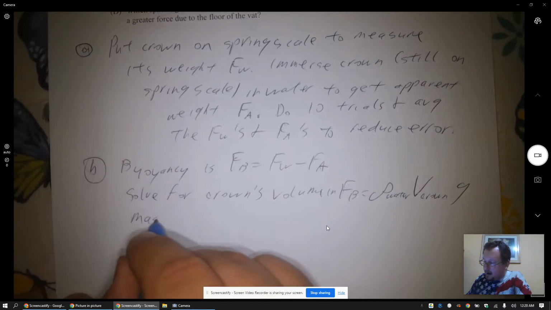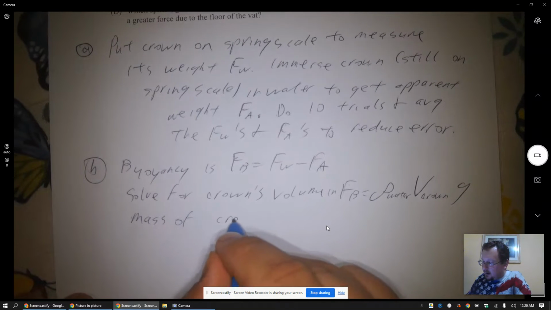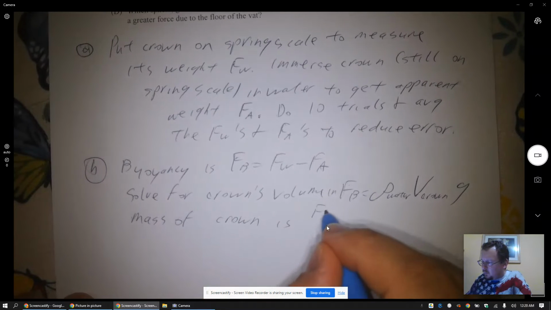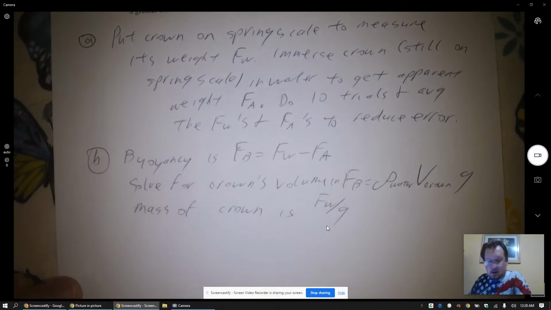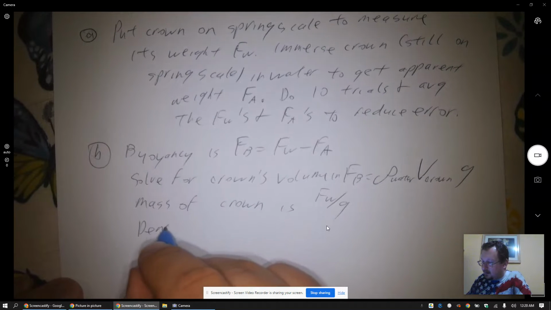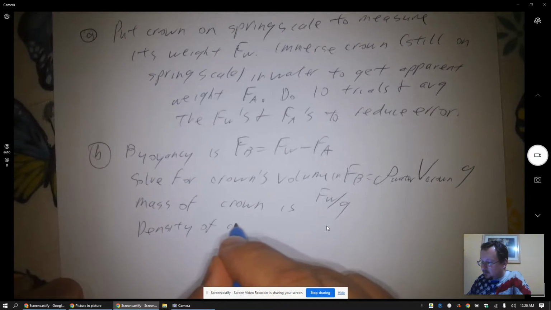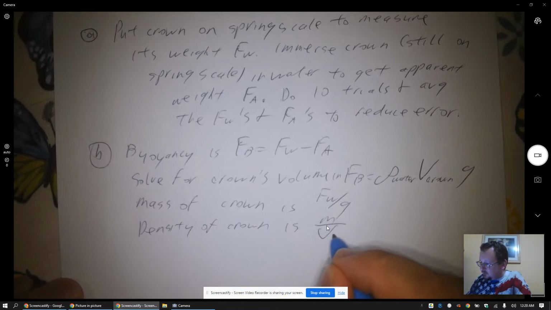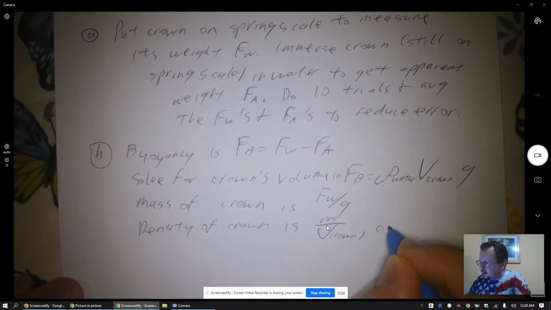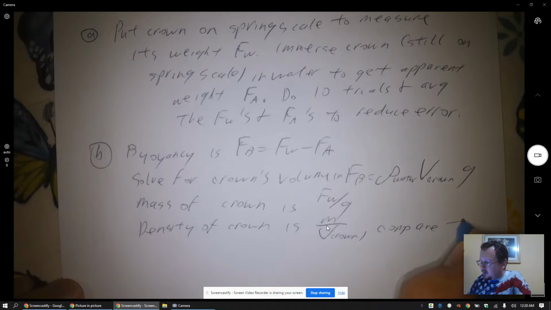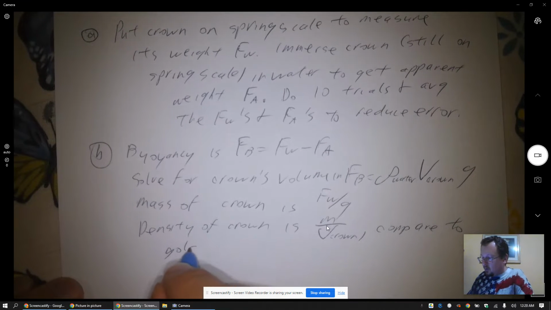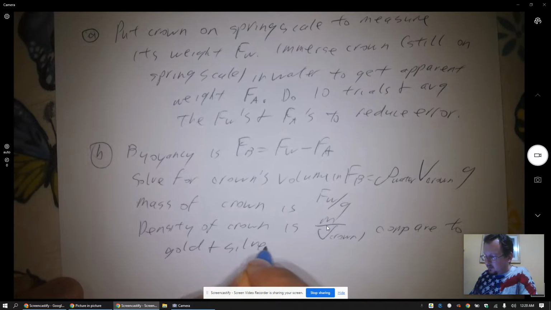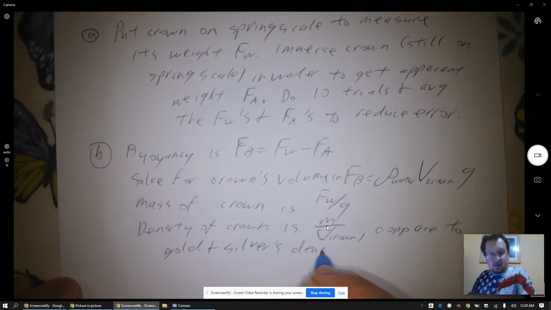The mass of the crown is weight over gravity, right? So then the density of the crown is mass over the volume of the crown, compared to gold and silver's density, right?